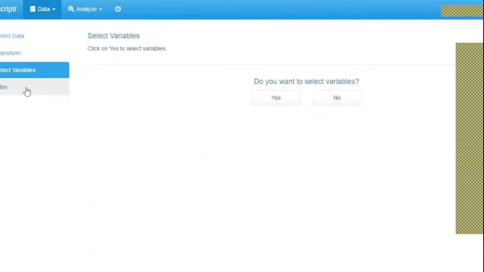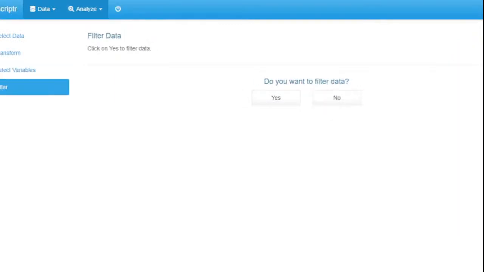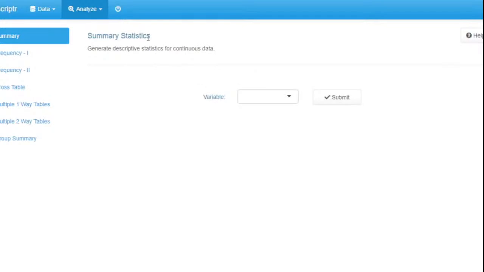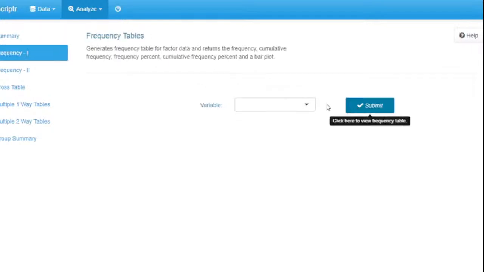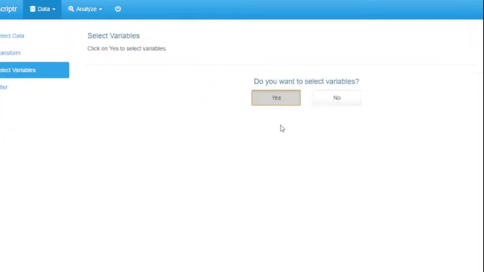Apply changes. Select variables. If I select no, I go to analyze EDA. See frequency table. Transform. Select variables. I select cylinder and displacement.